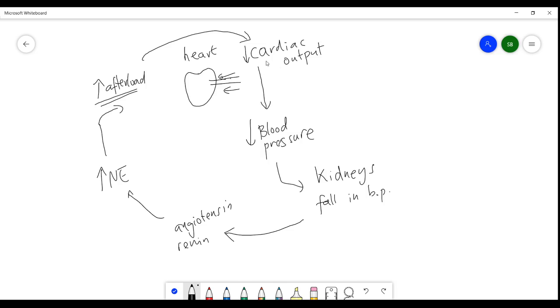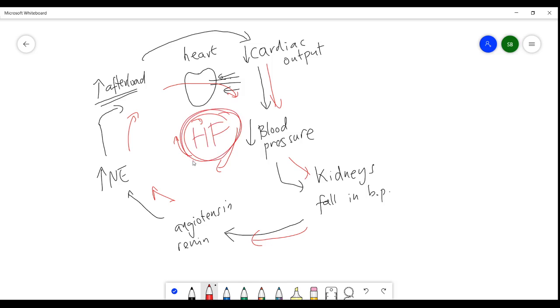And so this results in falling cardiac output further still, so the cycle goes on until eventually things get worse and worse and worse, and you end up then with heart failure.